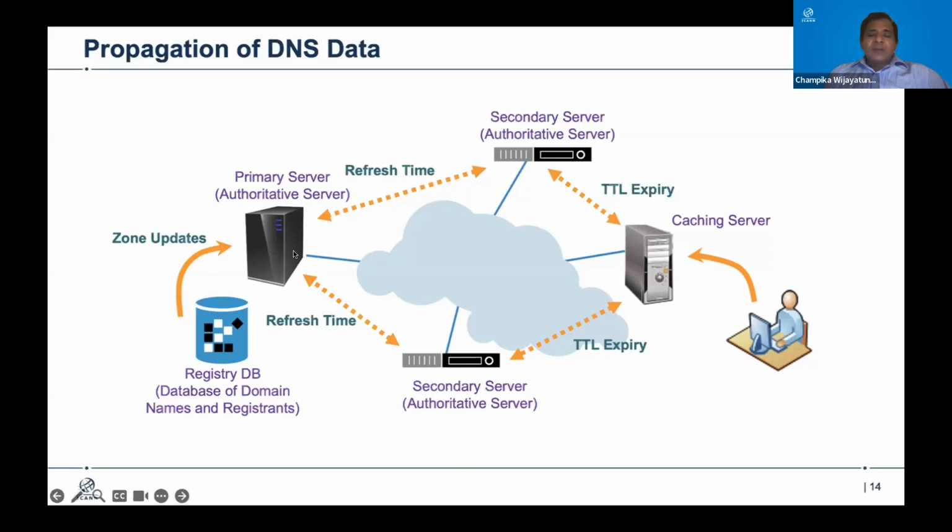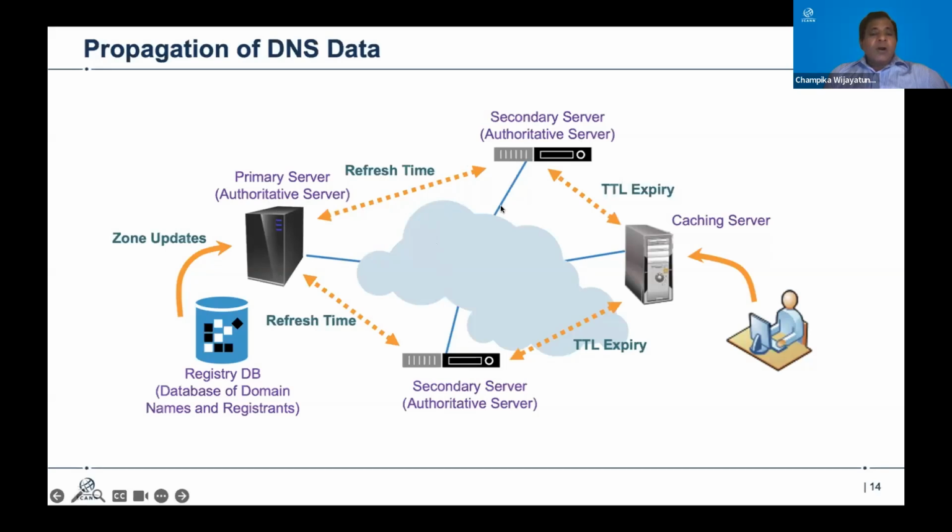That means whenever some new update happens, primary can send a notification to the secondary saying that I have got new data. So you can now do a zone transfer and get the new data. Okay, so you can do things like that, but then of course the traffic would increase because every time you do some zone update, there are going to be some zone transfers between these name servers.